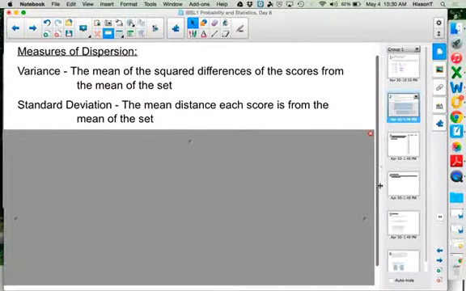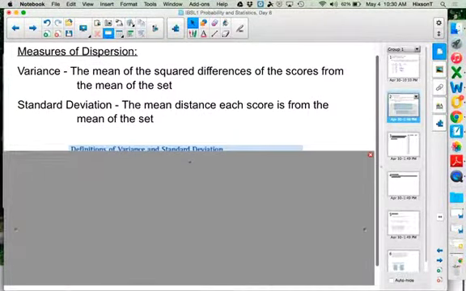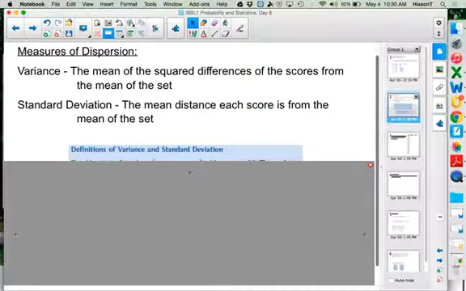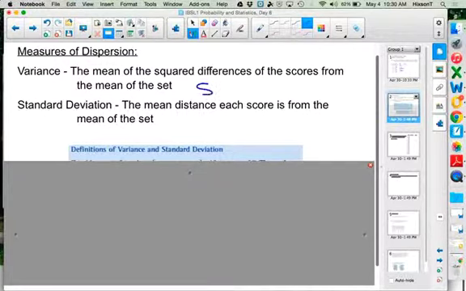Now these are related because variance has basically 2 items of notation. You can either use an S squared, actually 3. You might see it referred to as V. You might see it referred to as S squared.